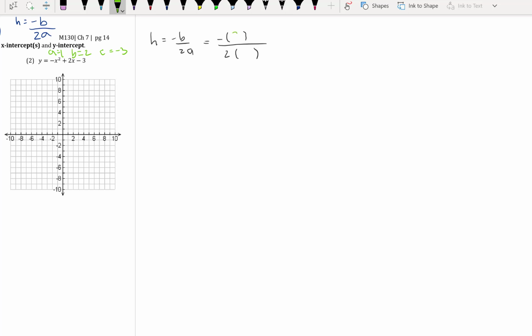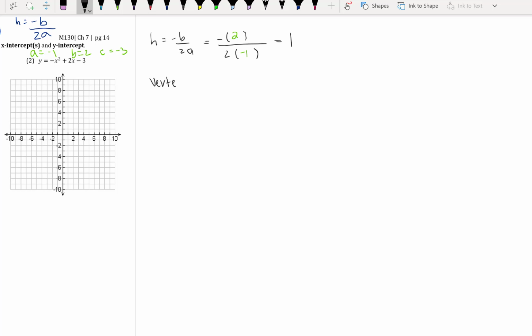So I'm plugging in 2 for b, and I'm plugging in a negative 1 for my a. So this is going to give me a negative 2 in the numerator and a negative 2 in the denominator. So I end up getting 1.